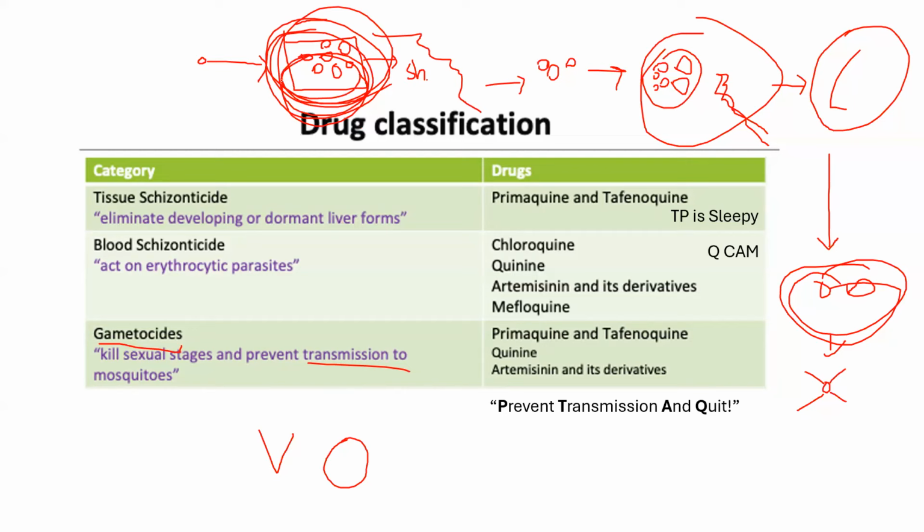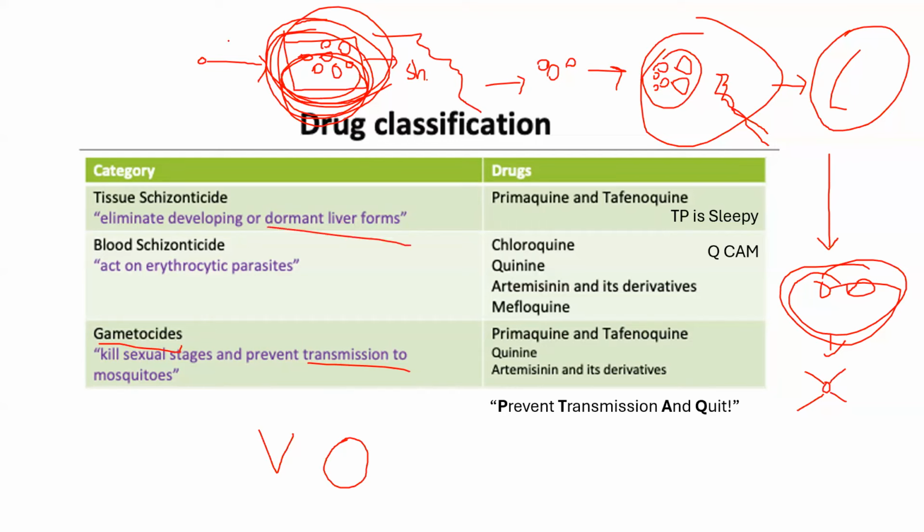What do we mean? The patient is going to come in very sick, which means they're in the erythrocytic phase. So you give them drugs to target the parasites. They're going to feel better, the fever is going to go down, everything is fine, and they go home. Then after a while, they relapse. Why do these patients relapse? It's because they have dormant liver forms.